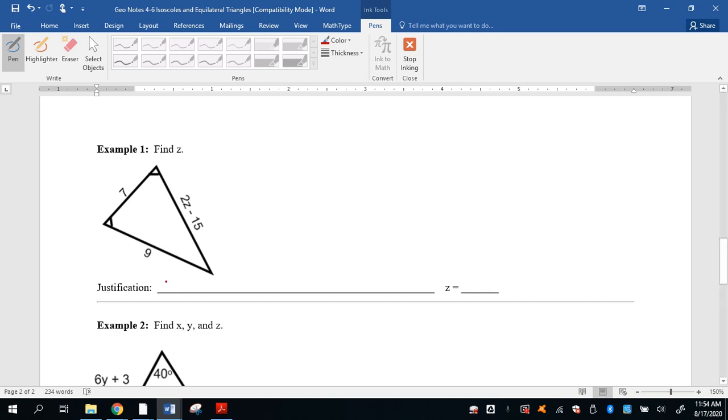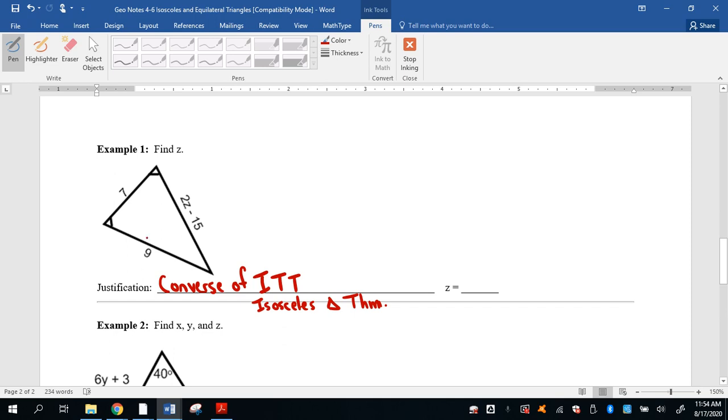So we'll say converse of the isosceles triangle theorem. You can call it ITT once on your paper, but before you can write out ITT, please make sure you are giving me the words. So this is isosceles triangle theorem. Feel free to use the symbol for triangle and THM for theorem.